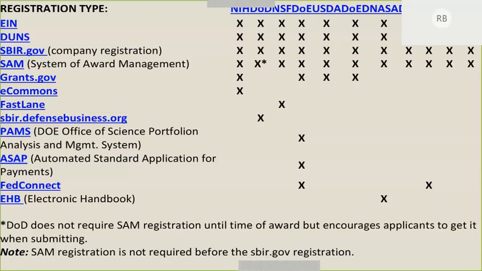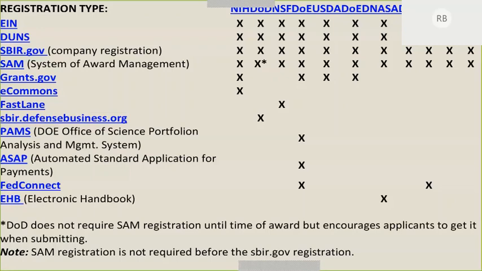So you don't have SAMs and you got an award. Well, the government is not going to give you an award if you don't have SAMs. So they're saying you don't have to submit it in any preloaded time. But we suggest that we encourage you to submit it when you're submitting your proposal. So we know that you're in the loop there.